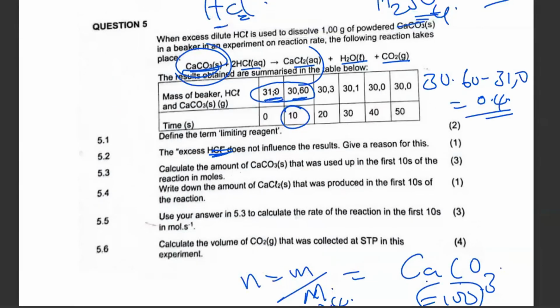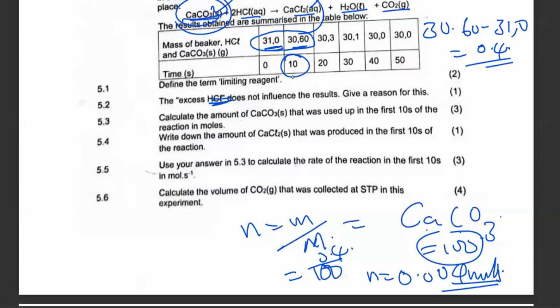Since the mole ratio of this and this is 1 to 1, it is going to be the same amount, which is 0,004 moles. They didn't ask whether in mass or what, they just said amount. It could be in moles or mass, but I'll prefer to go with the number of moles, because it relates to the mole ratio.